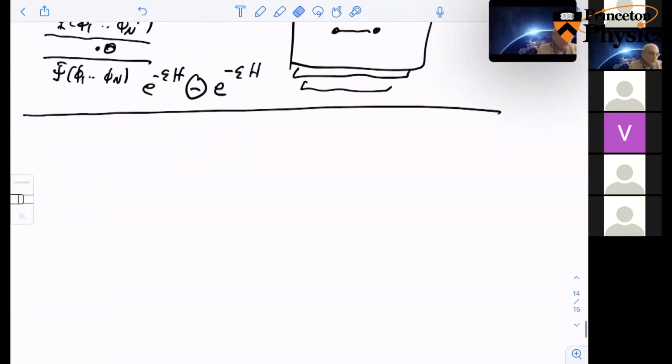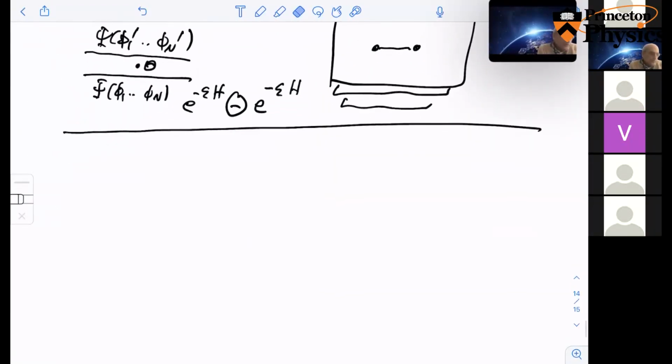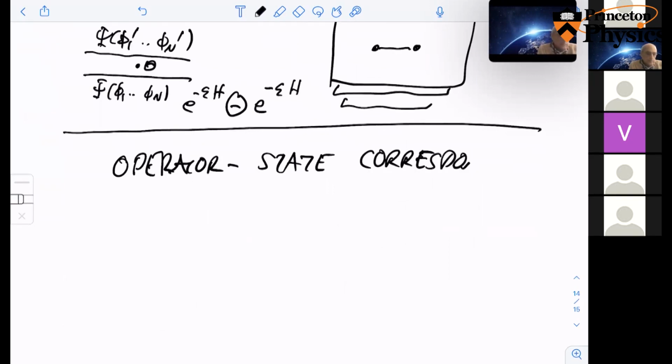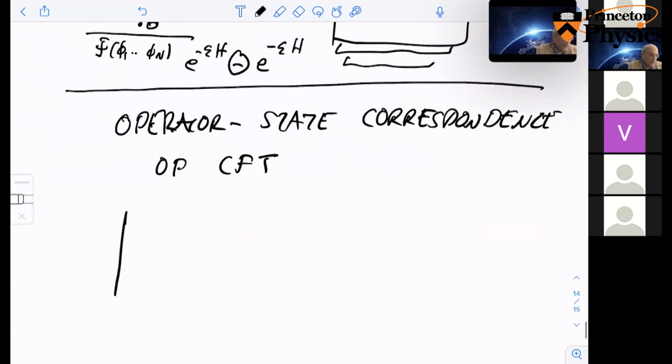So we're going to use what's called the operator state correspondence of conformal field theory. The idea is that here's the path integral in the plane, and here's a point where we're inserting some operator O. The operator creates a kind of singularity.